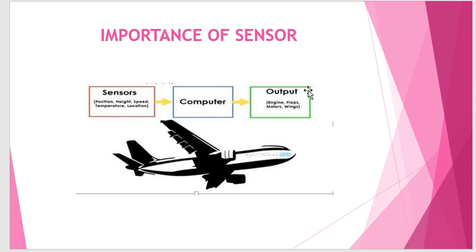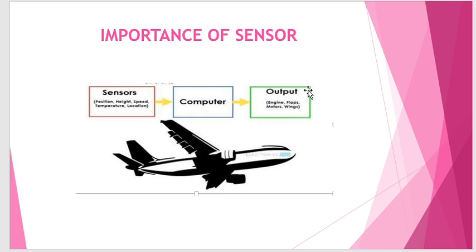Then the output of the sensor will be fed directly to the microcontroller. For example, a computer acts as a microcontroller. It compares the reference quantity with the actual quantity, which is available with the help of the sensor, and provides the desirable output.